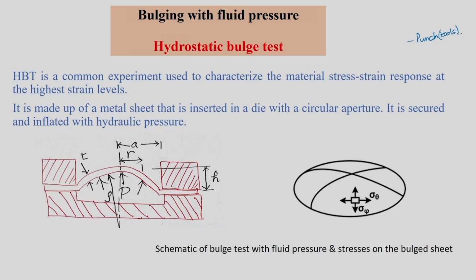What you do here is there will be a sheet which will be gripped on the die, and there will be a blank holder, and the punch will come and deform the sheet. Here the interface friction between the punch and the sheet is going to play a vital role in stress distribution or strain distribution, fracture location, the depth of fracture, the forming depth. Friction is going to play a big role in this.